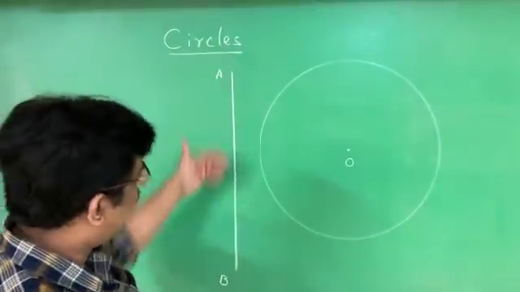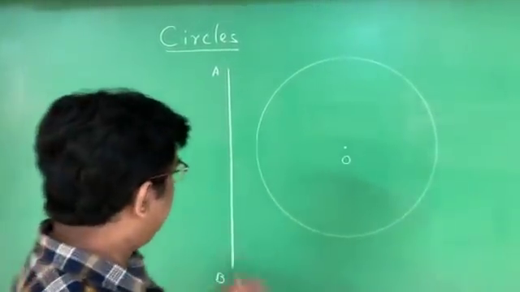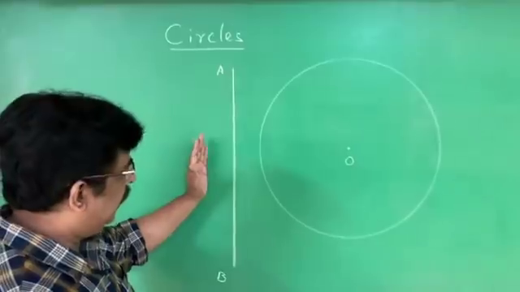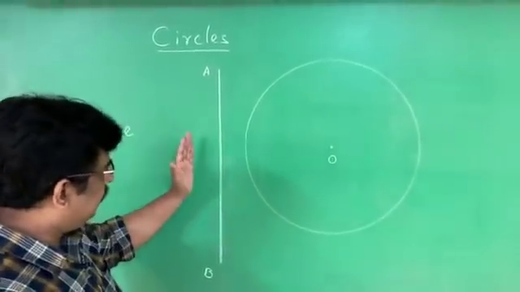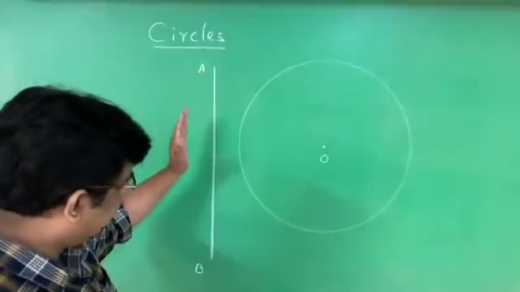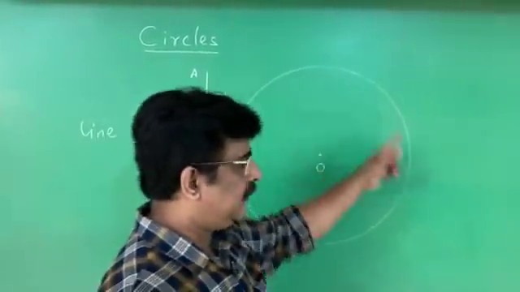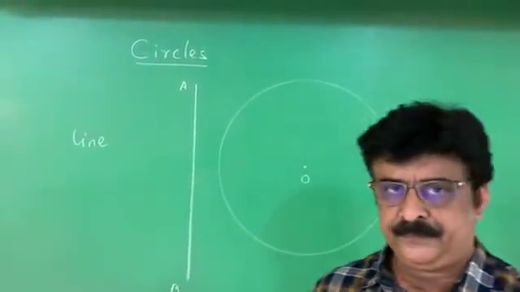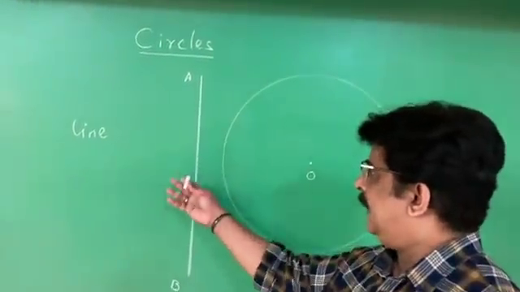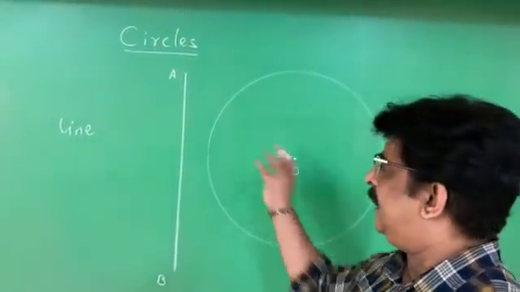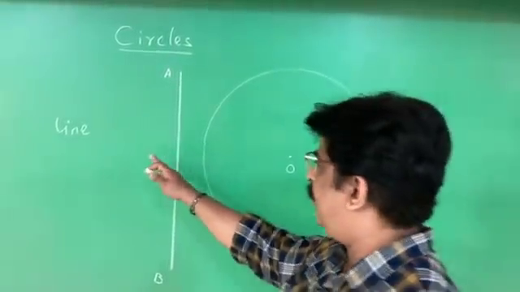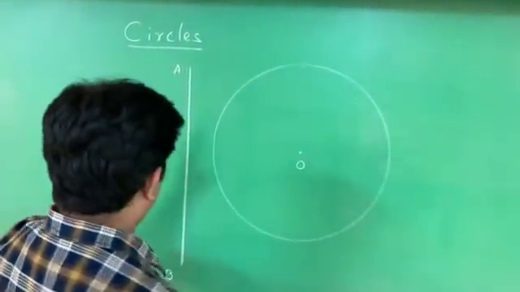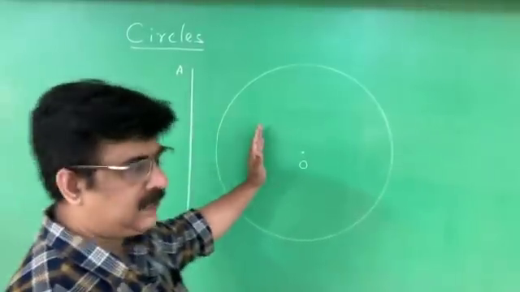There is no measurement in this particular line. Now tell me, what is the relationship between the line AB and the circle? No relation. This line is independent of the circle. Circle is independent from the line. Therefore, there is no relationship between the line AB and the circle.